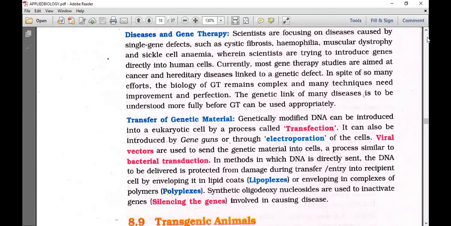Currently, most gene therapy studies are aimed at cancer and hereditary diseases linked to a genetic defect. In spite of so many efforts, the biology of GT remains complex, and many techniques need improvement and perfection. So we are in an infant stage in this area. The genetic link of many diseases is to be understood more fully before GT can be used appropriately.